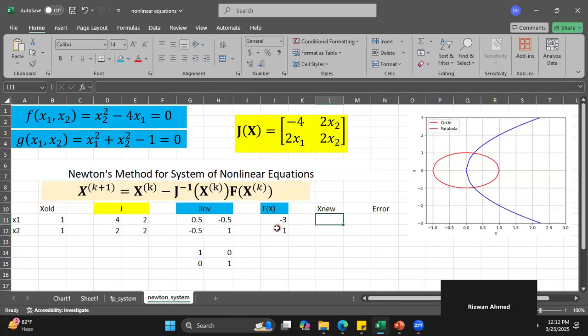Now let's compute x new. So x new requires xk minus j inverse times f of xk. Since I'm using Microsoft Excel, I first calculate the product of j inverse and f.